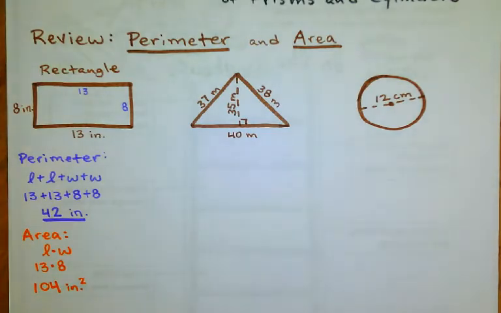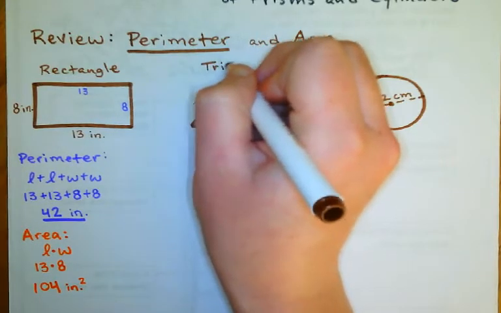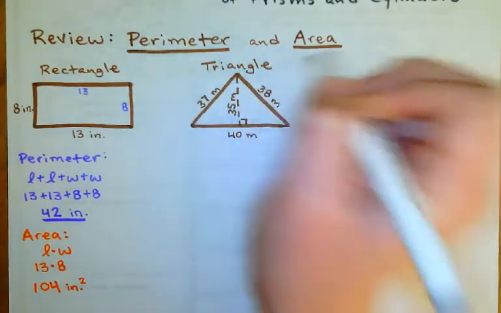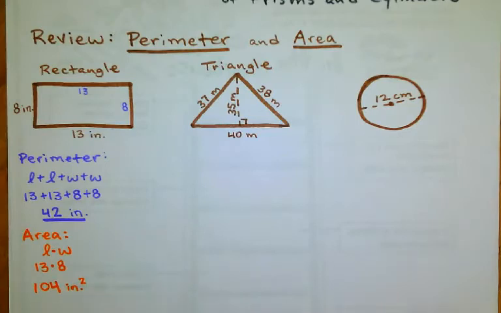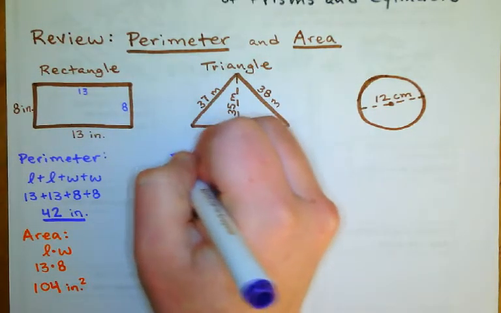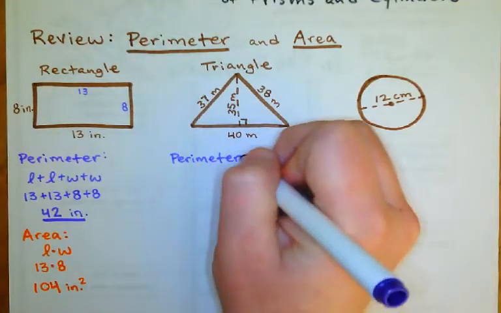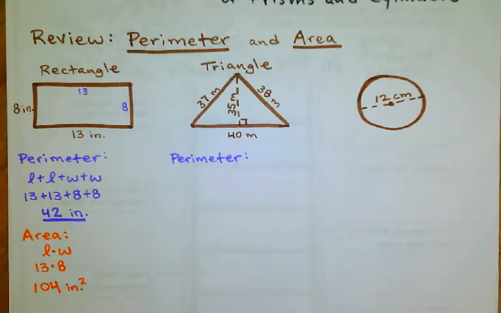Our next shape is a what? Yeah, it's a triangle. Alright, and when we want to find the perimeter of our triangle, remember, perimeter, we are adding all the sides.